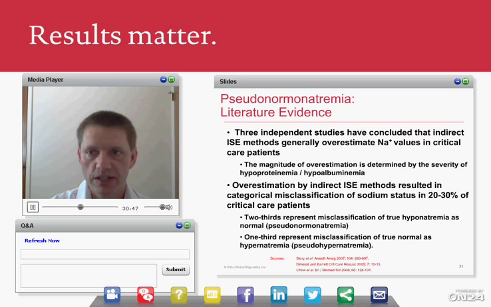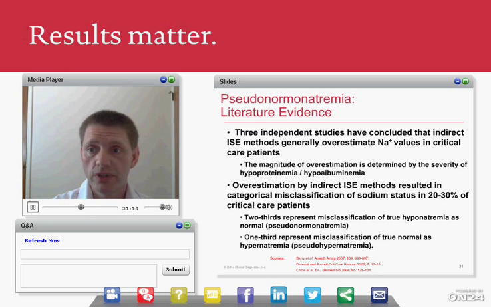Overestimation by indirect methods in these studies was shown to miscategorize patients into the buckets of hyponatremic, normal, and hypernatremic. Using those three buckets, 20 to 30% of individuals in the ICU can be misclassified.